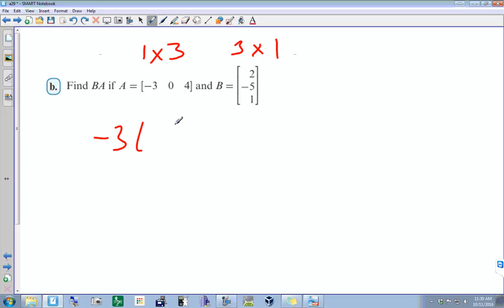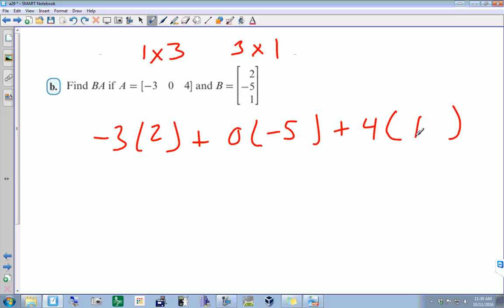Negative 3 times whatever, plus 0 times whatever, plus 4 times whatever. Here, my whatevers: 2, negative 5, and 1. I am going to tell you this over and over and over again for the next year.